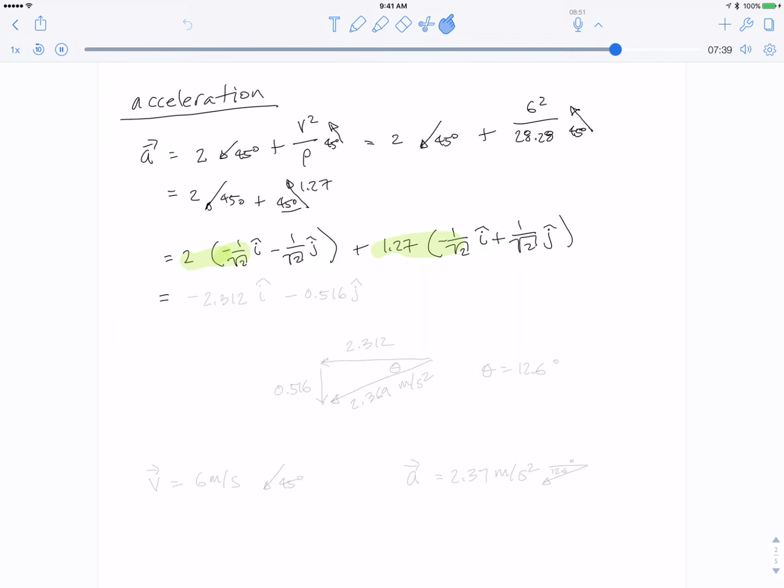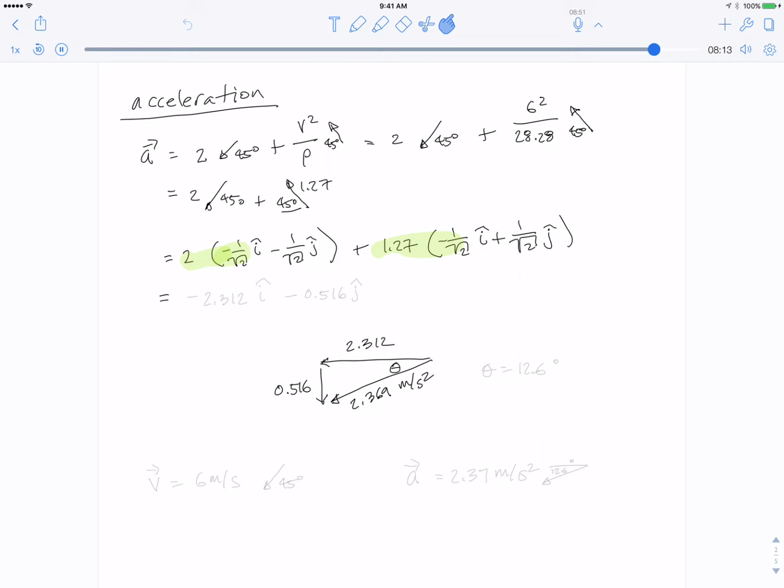So if you draw the vector, it goes like this: negative x, 2.312, and negative y, 0.516. And so it's going to the left and down. So I'm just going to use Pythagorean theorem to get the total length of the vector. And so x squared plus y squared, square root, equals 2.369 meters per second squared. We need to get that angle.